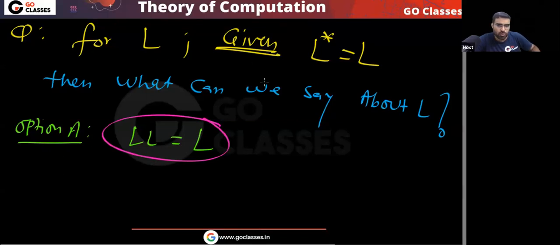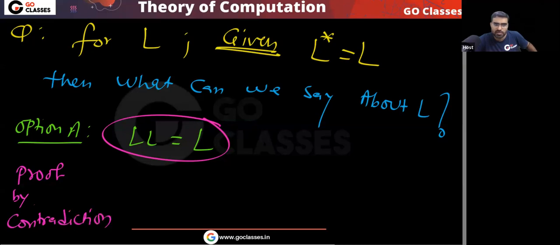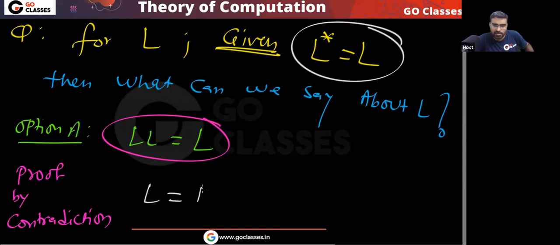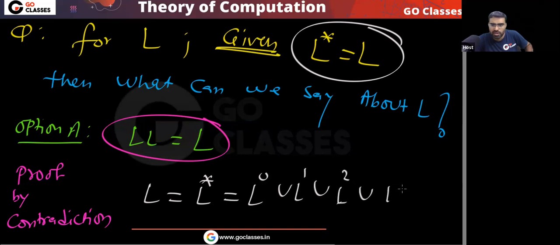One idea is proof by contradiction. If this does not happen, then this will also not happen. Already it is given that L star is equal to L, and L star is L power 0, union L power 1, union L power 2, union L power 3, and so on.